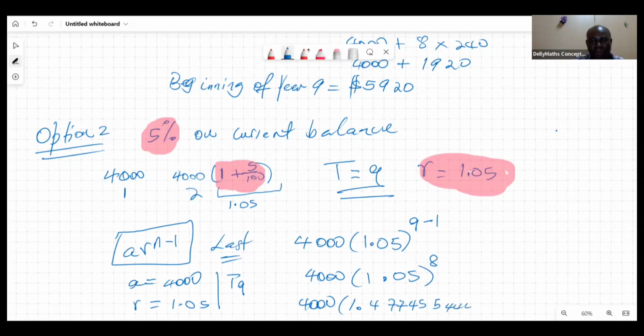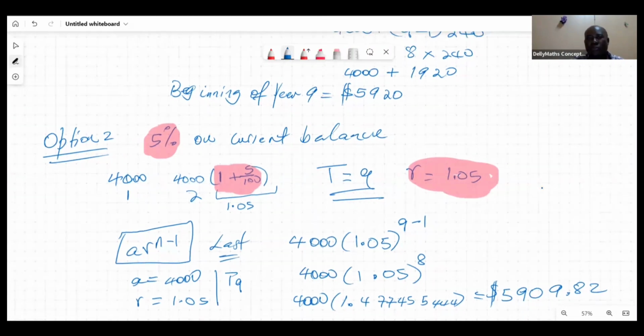So if you multiply this by the 4,000, you're going to get $5,909.82. So option 1 would have given us 5,920, and option 2 would have given us 5,909.82.